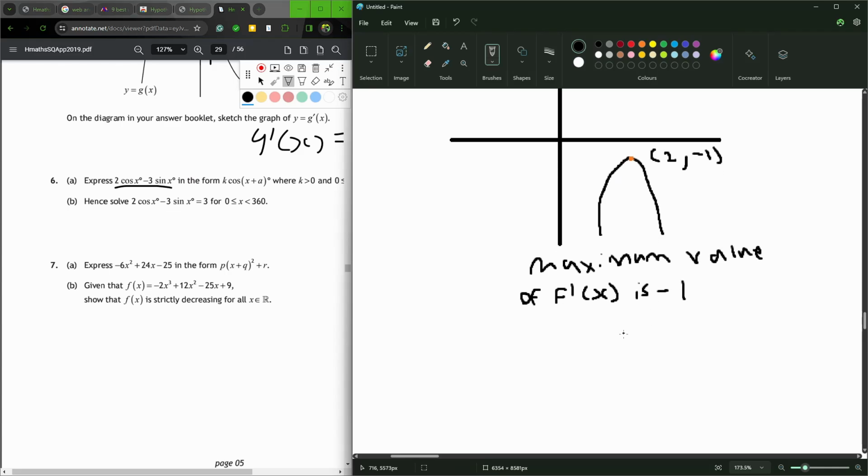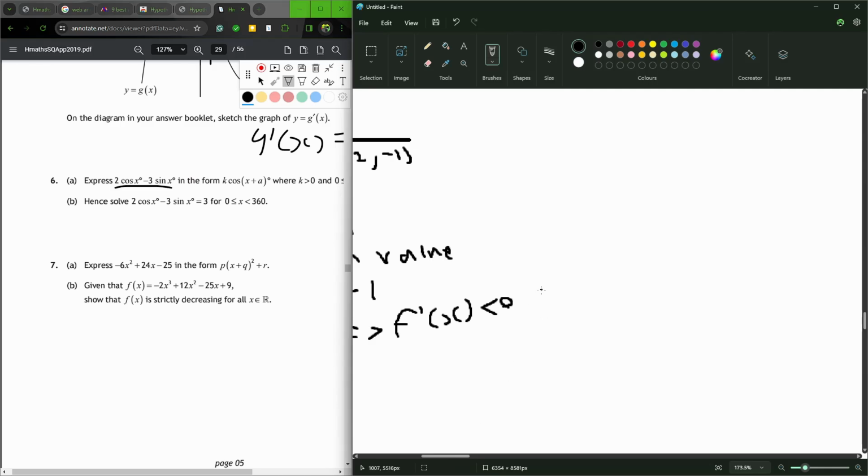So that means that −1 is lower than 0 for, and this symbol here means all x. Sorry, I should have said that, this means that the derivative is lower than 0.